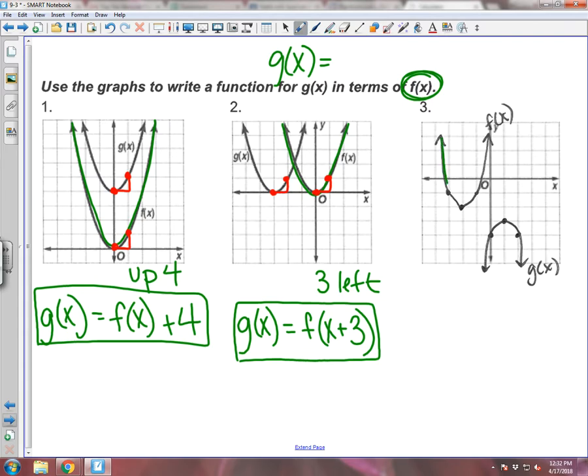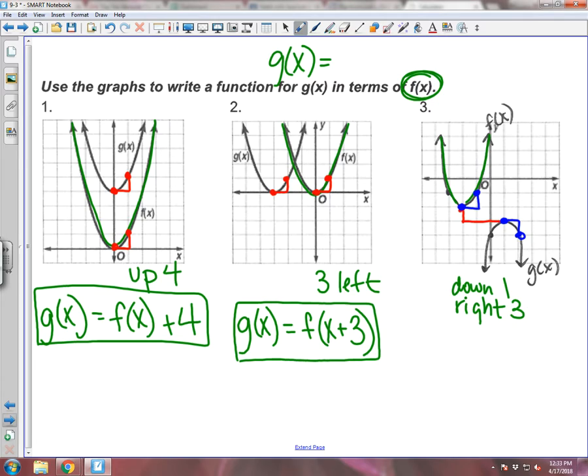Number 3, here's my f of x. It's been moved down 1. It's also been moved over. So I go down 1 and I have to move over 1, 2, 3 units to the right. Let's check to see if it's the same width. If I move over 1, I'm 1 away.